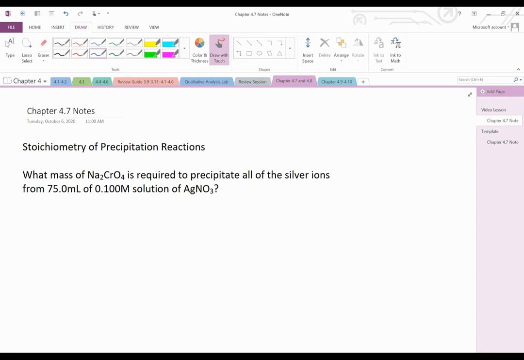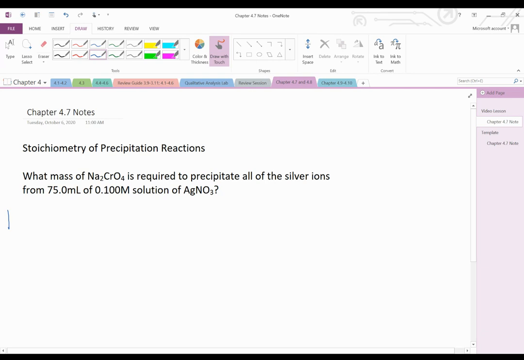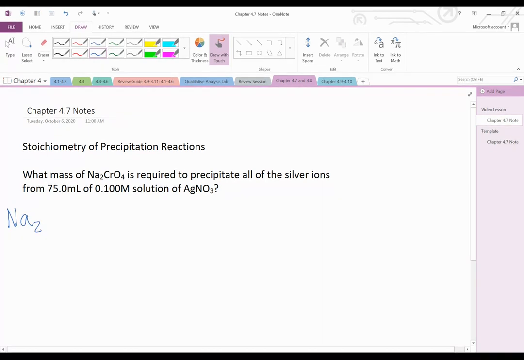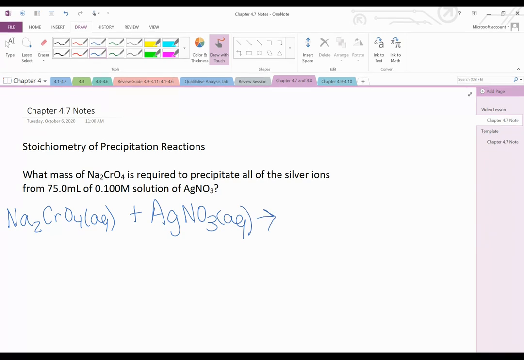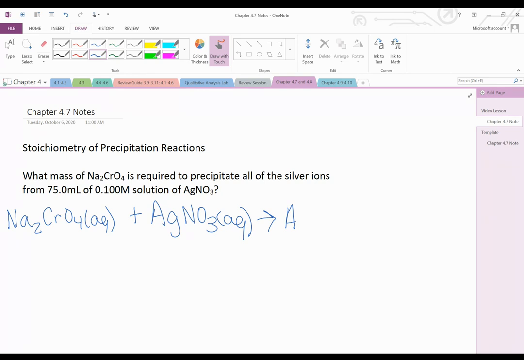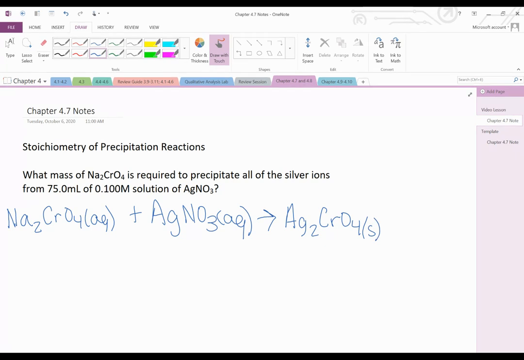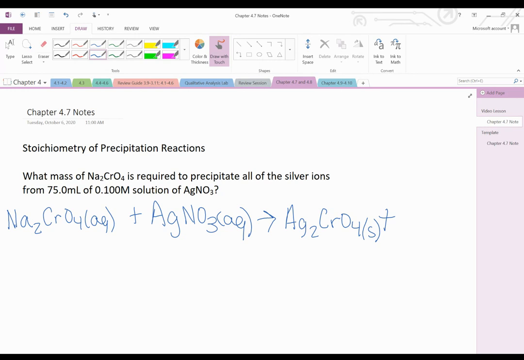The first thing we need to do is write the balanced chemical equation. So sodium chromate plus silver nitrate will react to form silver chromate, which is our precipitant, and sodium nitrate.